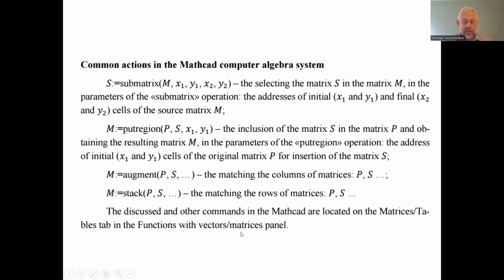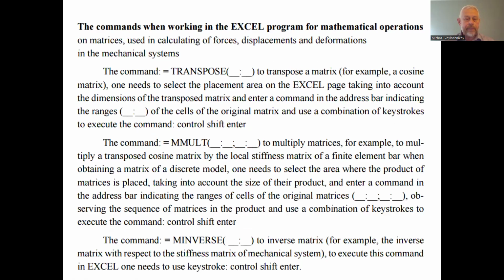Tap on the functions with vectors and matrix panel. In the computer algebra system Mathcad, we have many commands available and explained very well. This helps to master the skills in using Mathcad to solve the issues, in our case the issues of structural mechanics or other mechanics of mechanical systems.